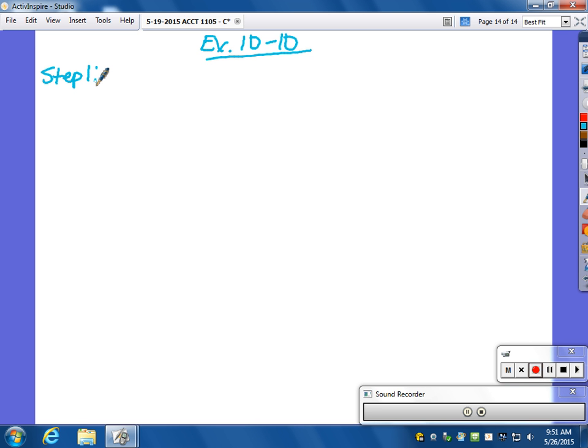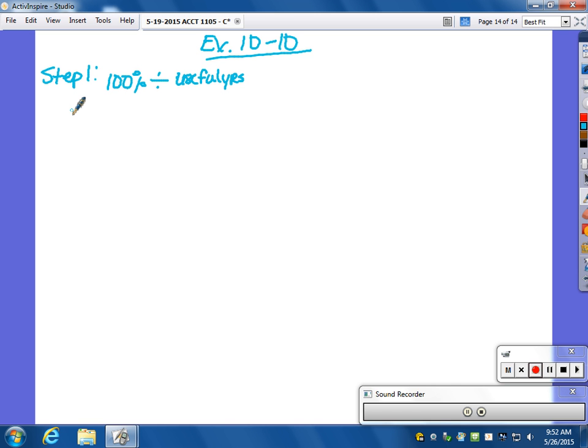Step 1 with double declining is the 100% divided by useful years. Now, in this case, your useful years is, well, yeah, it is still just 5.